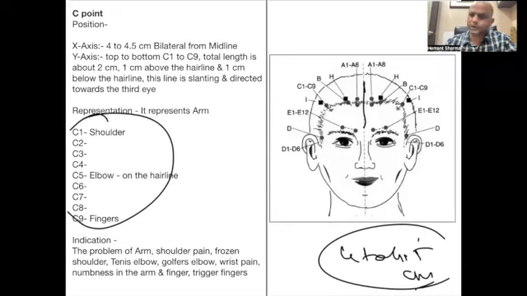So problems of the arm, shoulder, frozen shoulder, tennis elbow, golfer's elbow, wrist pain, numbness, any problem in the arm and finger, we can treat with the help of the C point. The C point will be 4 centimeters. So from here, 1, 1, 1 and 1, that is the C point. The C point is slanting. So we will be discussing exactly how we can draw the C point.